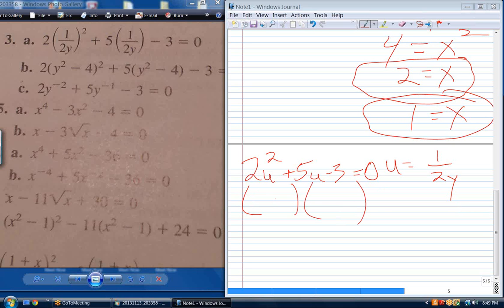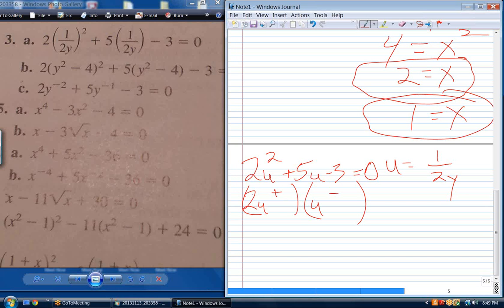What do the first two terms have to be? 2u and u. Signs have to be opposite. So we'll try plus minus, but also realize that it might be minus plus and it's different.